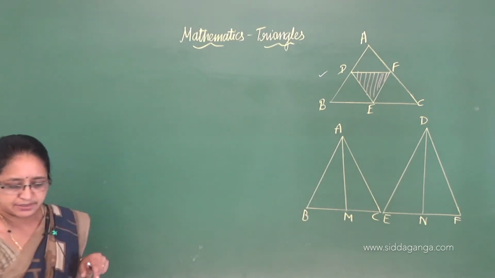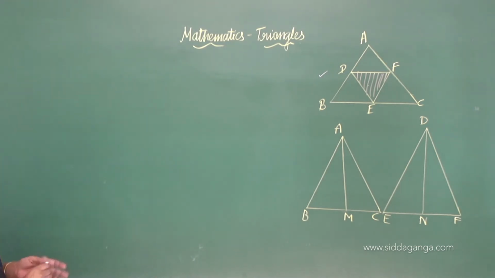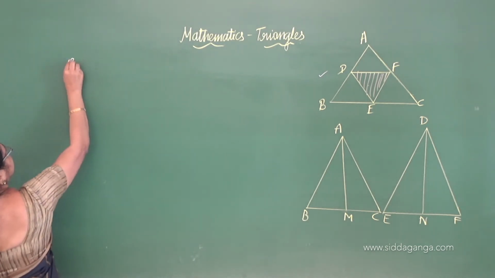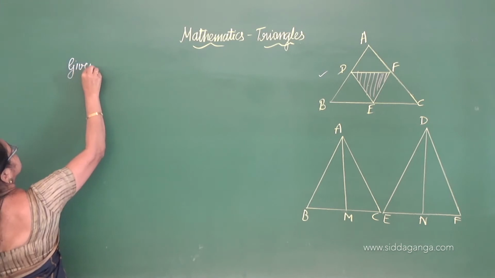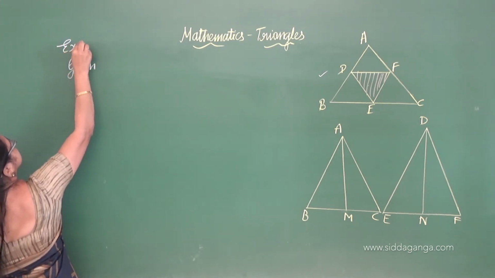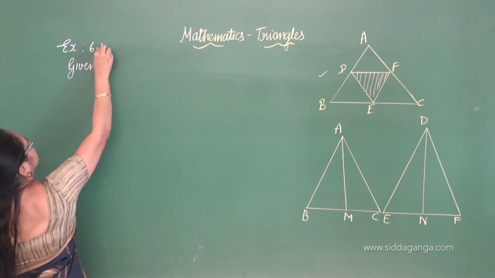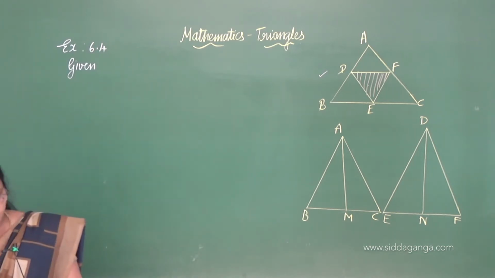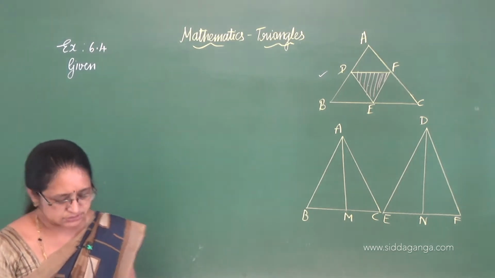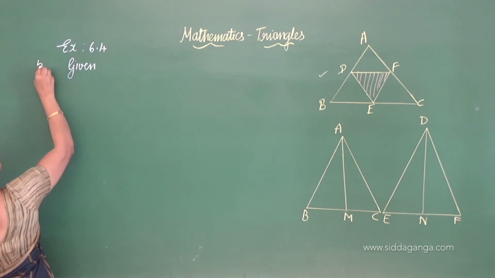So now let us write what is given. It is exercise 6.4, fifth question.